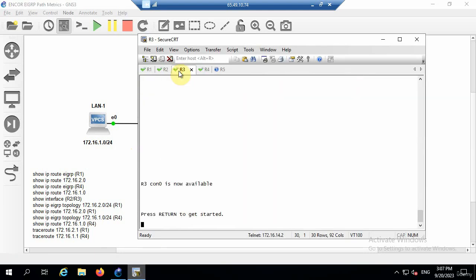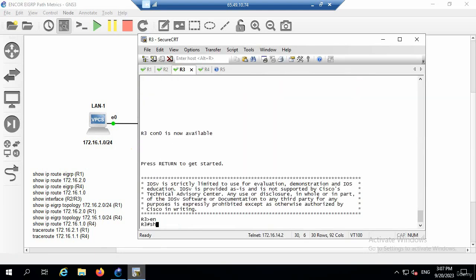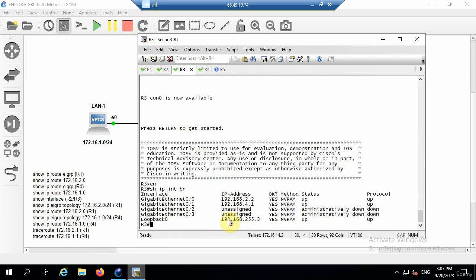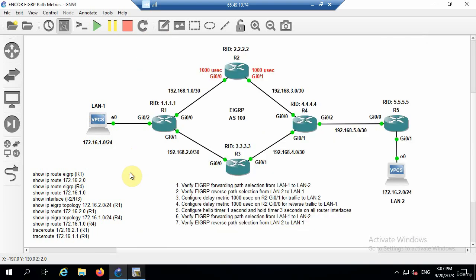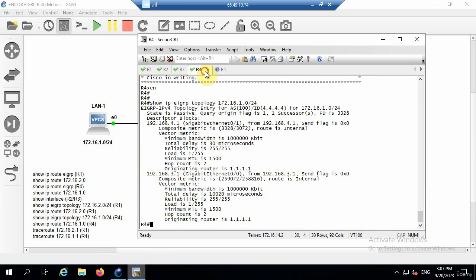Go to R3. And there's 4.1 there, gig 0/1. I'm on R3. So go back to R4. There it is, next hop. So that's fine. It's definitely taking the right route. I'll just do this one here.